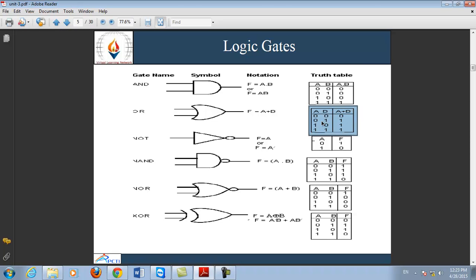But if any of the inputs is true, then the output is true. It means if any one of the inputs is true, then it results in a true value.